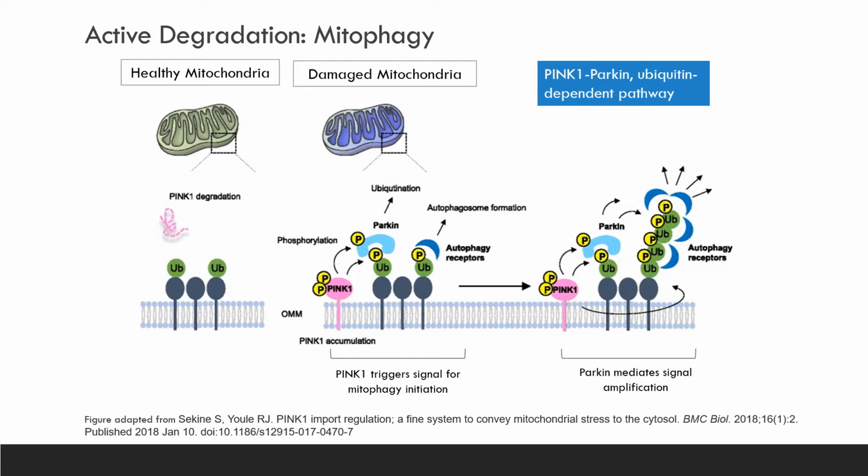At the same time, ubiquitin molecules mark the mitochondria for degradation and initiate the formation of autophagosomes. And next, the autophagosomes engulf the mitochondria, which are then digested by lysosomal enzymes.